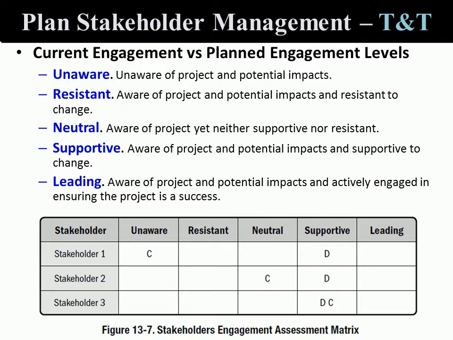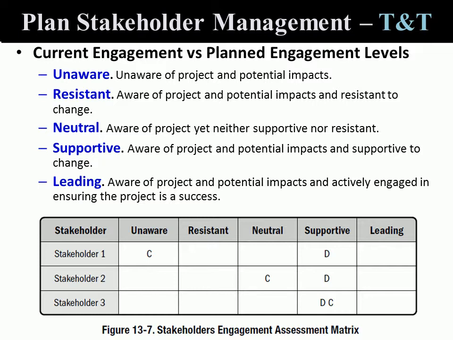Well, stakeholder number 1 currently is totally unaware of the project and of the impact. But we desire for stakeholder number 1 to be supportive. Stakeholder number 2 is neutral, neither here nor there, but we desire for that stakeholder to be supportive. Stakeholder number 3 is already supportive as a current state, and we would like it to stay that way.